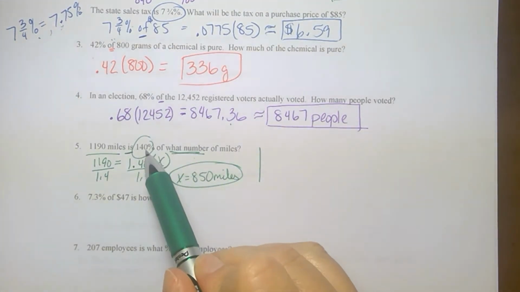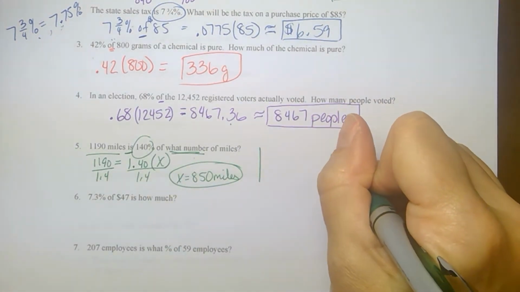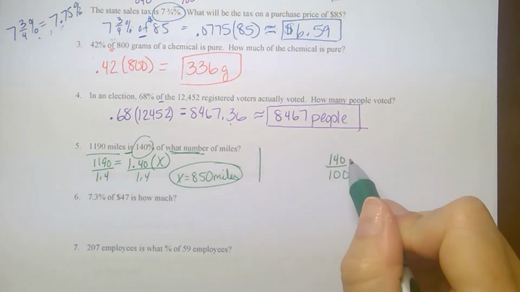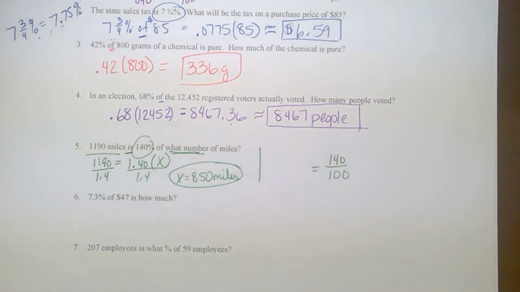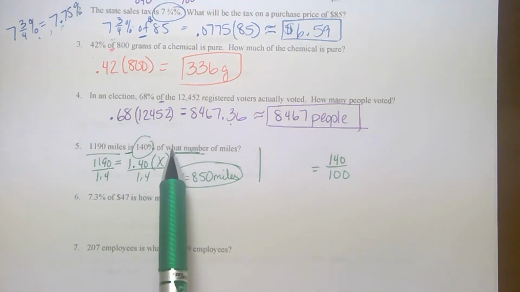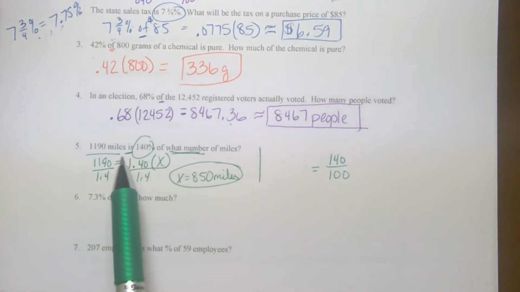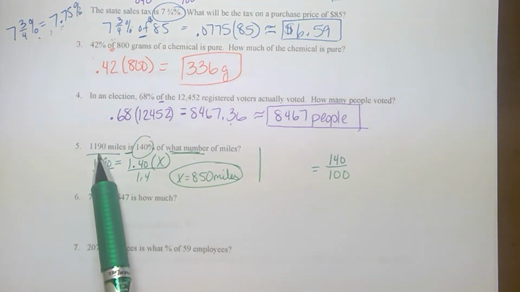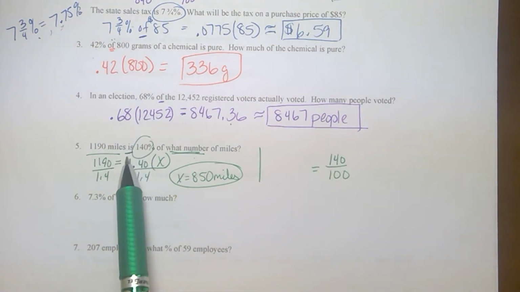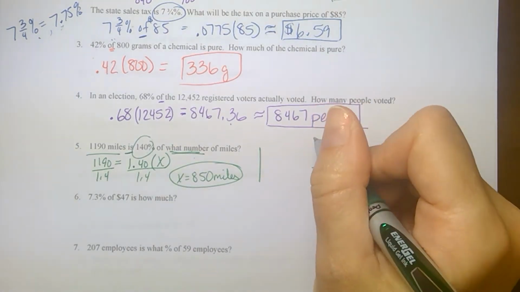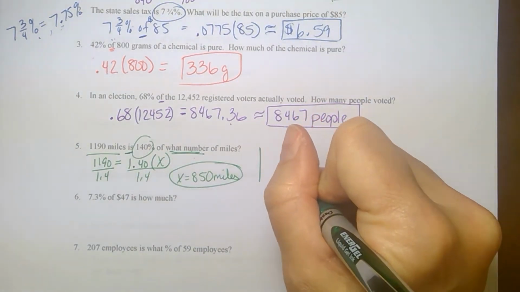Well, we have a percent, so that percent side is 140 over 100%. We have to figure out, is this the part? Do we not know the part, or do we not know the whole? Remember, I'm told that this 1190 is the 140%. Well, if it is the 140, then it goes opposite the 140.